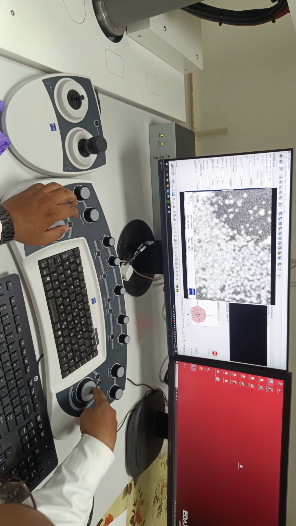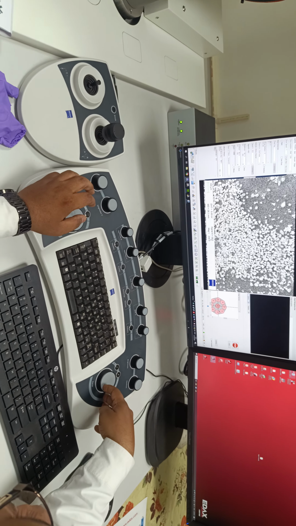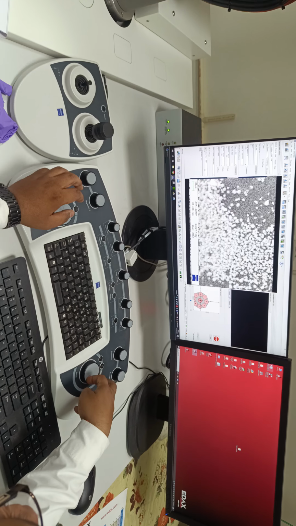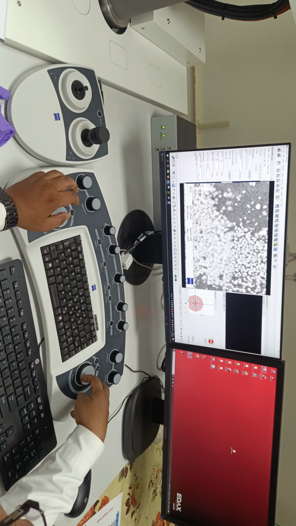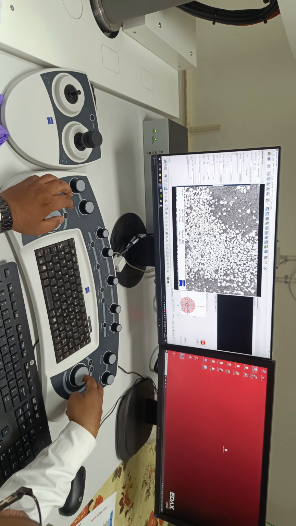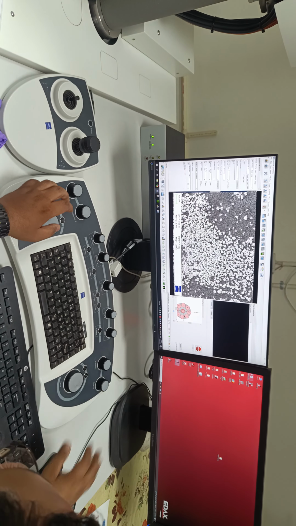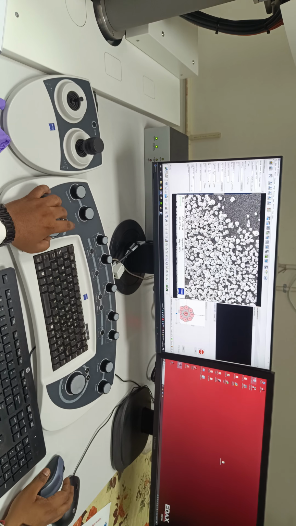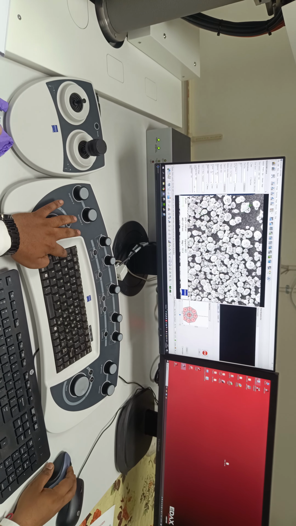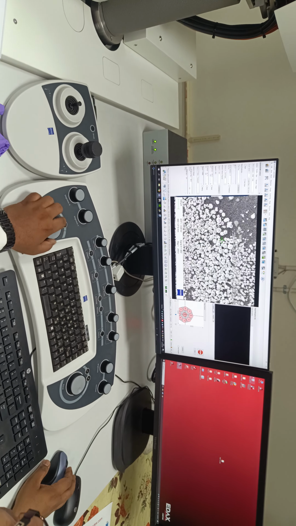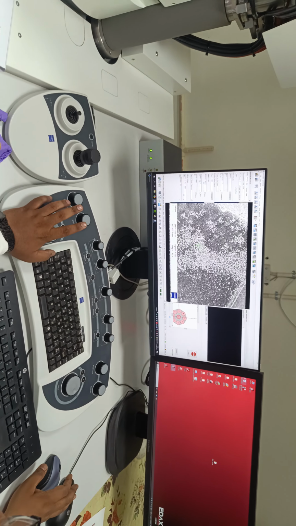You understand? This is the way we do the focusing. We adjust the brightness and contrast, change the magnification again, and try to see what is in there. Now this part is a bit agglomerated.